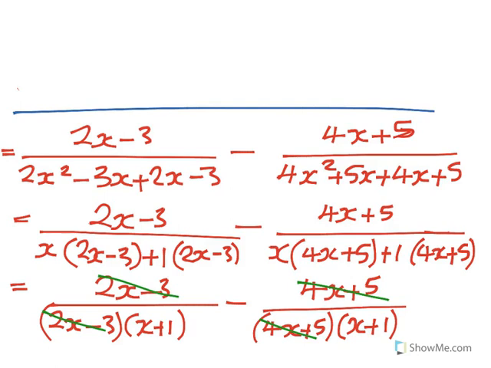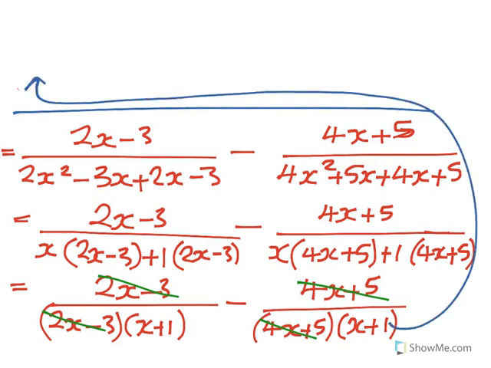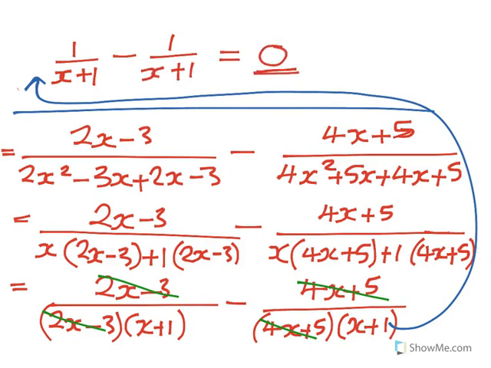I'm linking that to the top. So you're having 1 over x plus 1 minus 1 over x plus 1, and if you subtract the 2 here, the answer was simple as 0. So that is simple how it was ending at the end, and you get your beautiful marks.